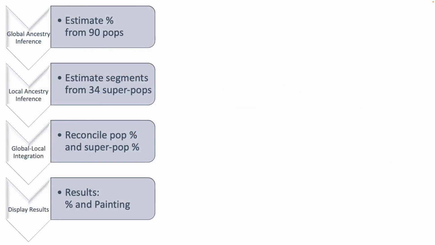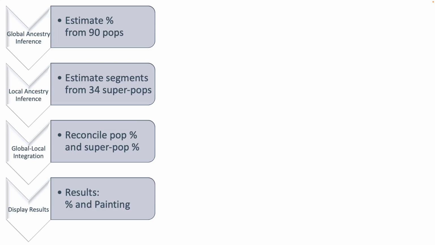Okay, so here's the overall pipeline. It looks something like this. We estimate your percentages with what's called a global ancestry inference tool, which the global in the sense means it's your entire DNA. It's all of your chromosomes. So we get your percentages and we use all of your genetic markers regardless of chromosome. That means we're able to accurately predict your percentages from 90 specific populations. Then we estimate your chromosome painting using what's called a local ancestry inference tool.